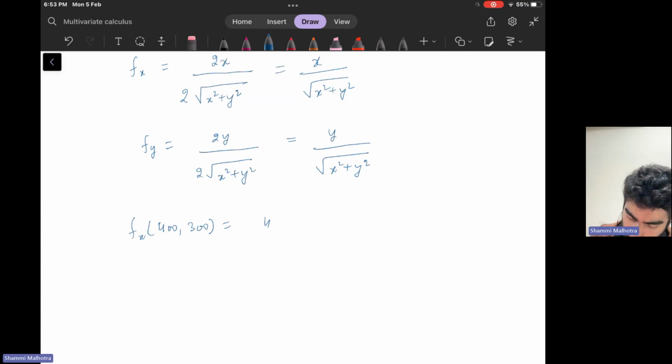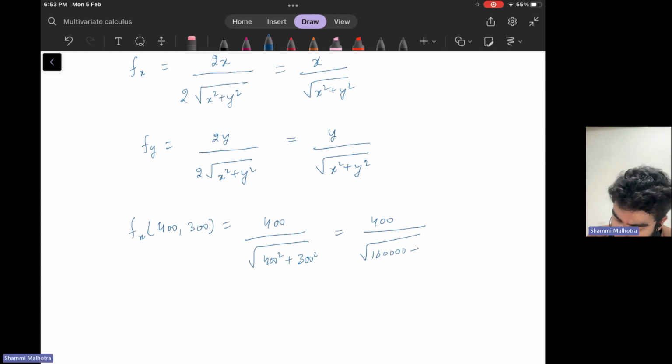This would be 400 divided by the square root of 400 square plus 300 square, which is the square root of 160,000 plus 90,000, and this you can calculate.